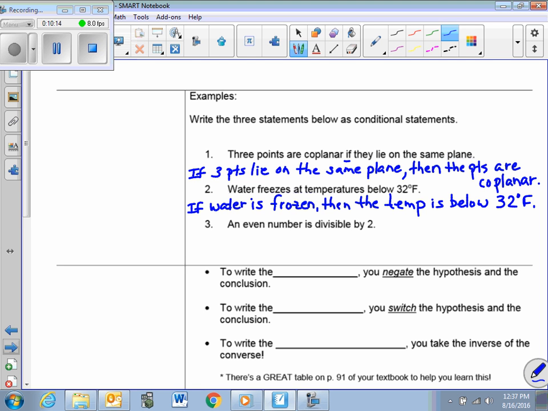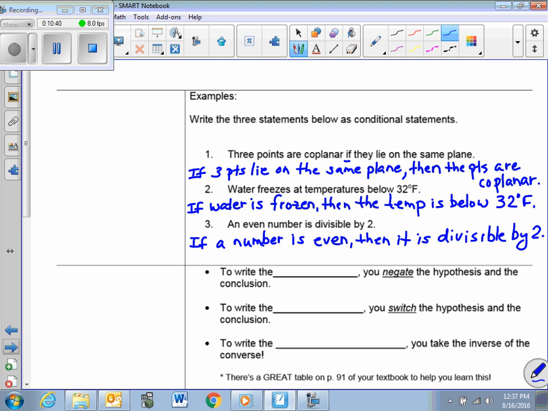Why don't you pause and try to do number 3 yourself? What you're going to come up with is if a number is even, then it is divisible by 2. And what would the converse of that say?